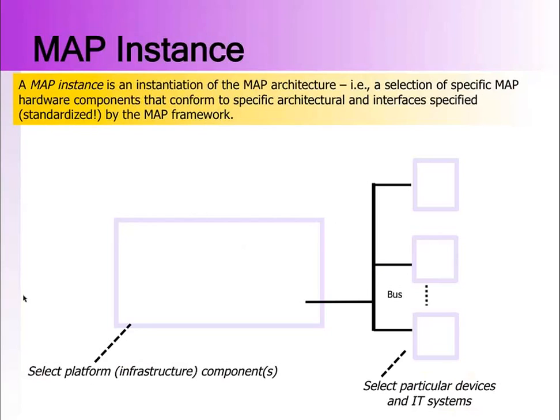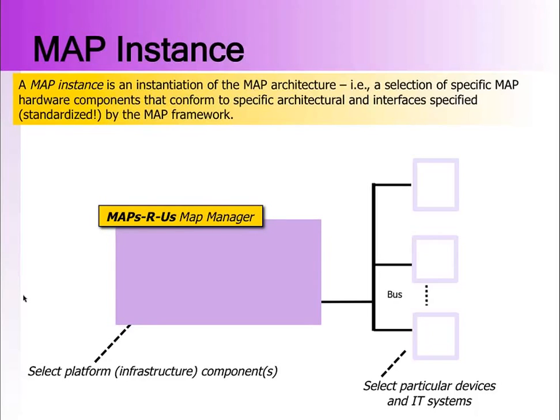So let's turn to an issue that Dave raised. What exactly are you certifying in this context? I have to give you a preliminary definition here. What we call a map instance is an instantiation of the map architecture. That is, it's a selection of specified map hardware components that conform to a particular architectural standard.